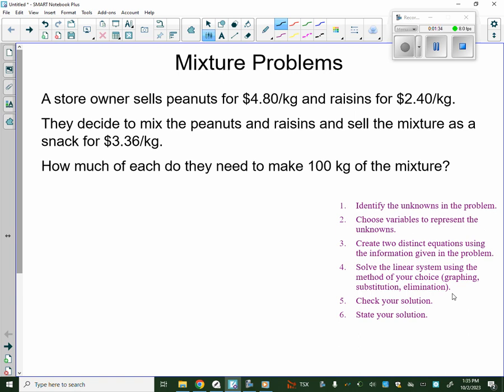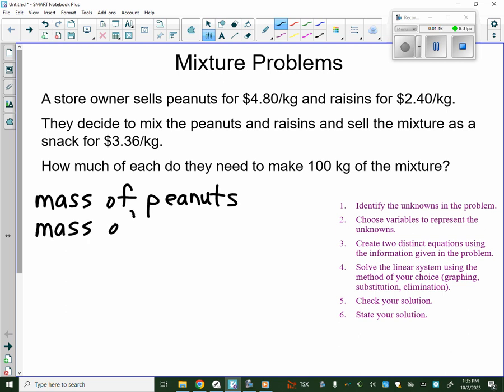So, mass of peanuts and mass of raisins. I'm going to use P for peanuts and R for raisins. That's going to help remind me what these variables represent. So that's step one, and step two, done.